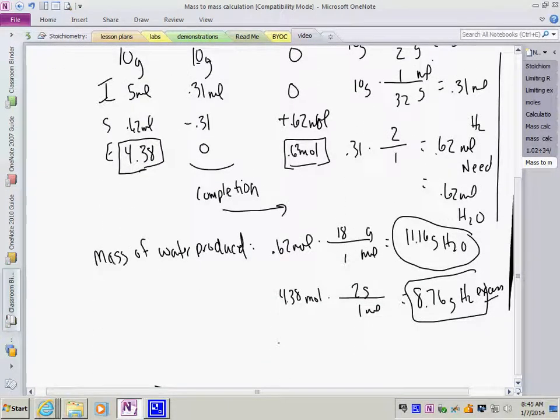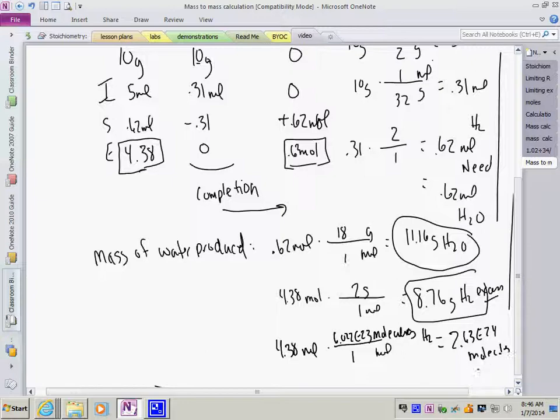I'll show just one example of that. 4.38 moles, dot line, get rid of moles and go to actual atoms, or let's go molecules of H2. 1 mole, 6.022 e to the 23rd. 4.38 times 6.022 e to the 23rd gives me 2.63 e to the 24th molecules.